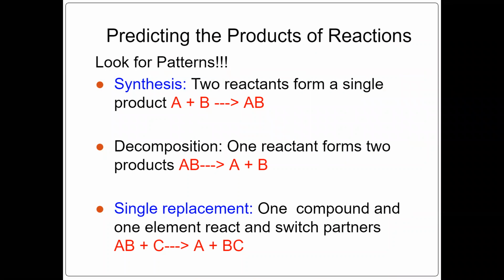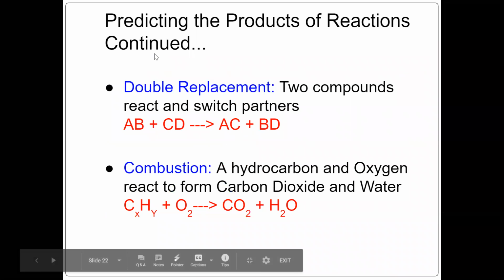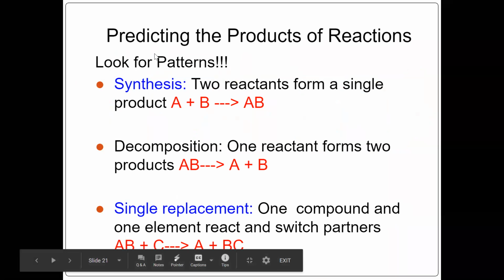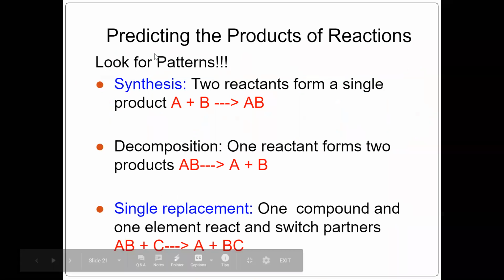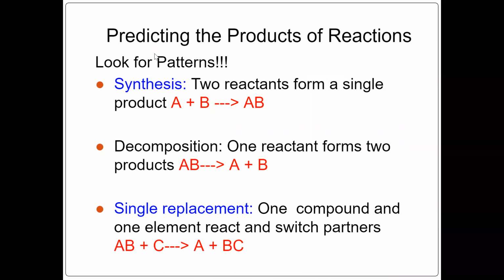One of the more challenging things I'm going to ask you to do this unit is predicting products. So if I gave you two reactants, I might ask you to predict what the products are going to be, given what you know about the different types of chemical reactions.